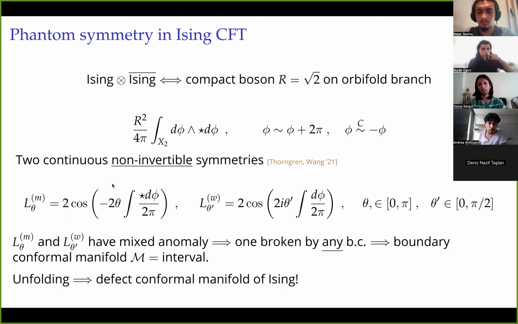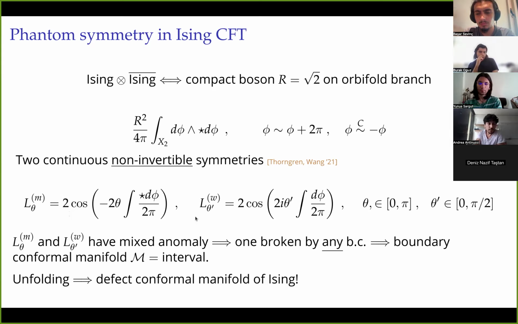So this is sometimes also called a cosine symmetry. And so you have these two continuous parameters, theta and theta prime. Of course, it's not by chance that I chose the same labels that I use for labeling the conformal manifolds, because they will be exactly the same labels.